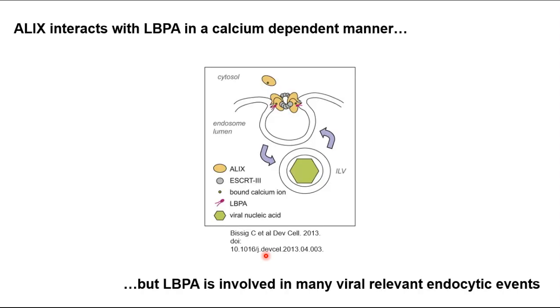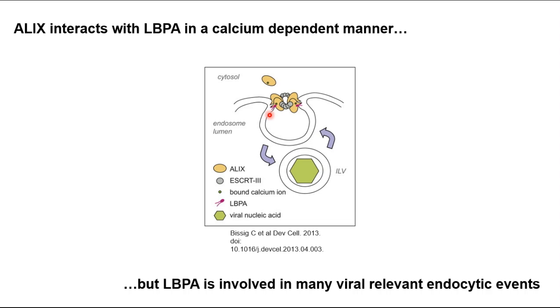And the other thing that we would like to check is that, importantly, ALIX is able to interact with a rare, unconventional lipid, which is called LBPA. LBPA is a lipid which is located mainly in the late endosome, and ALIX is able to interact with LBPA in a calcium-dependent manner. LBPA and ALIX do that to also be able to form intraluminal vesicles in the multivesicular body.